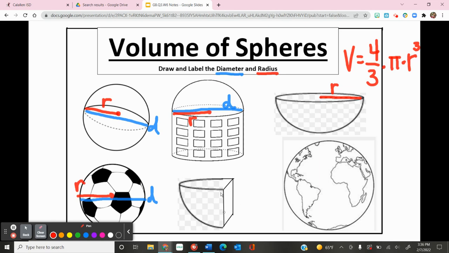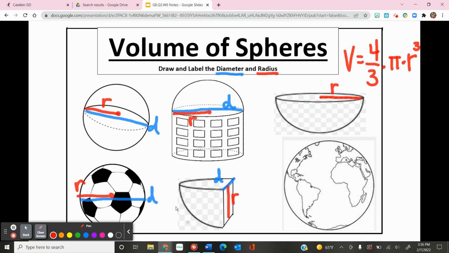Looking here, this is a fourth of a sphere. So this line would be your diameter because it would go all the way across. But then this would be the radius because it only goes halfway across your sphere.